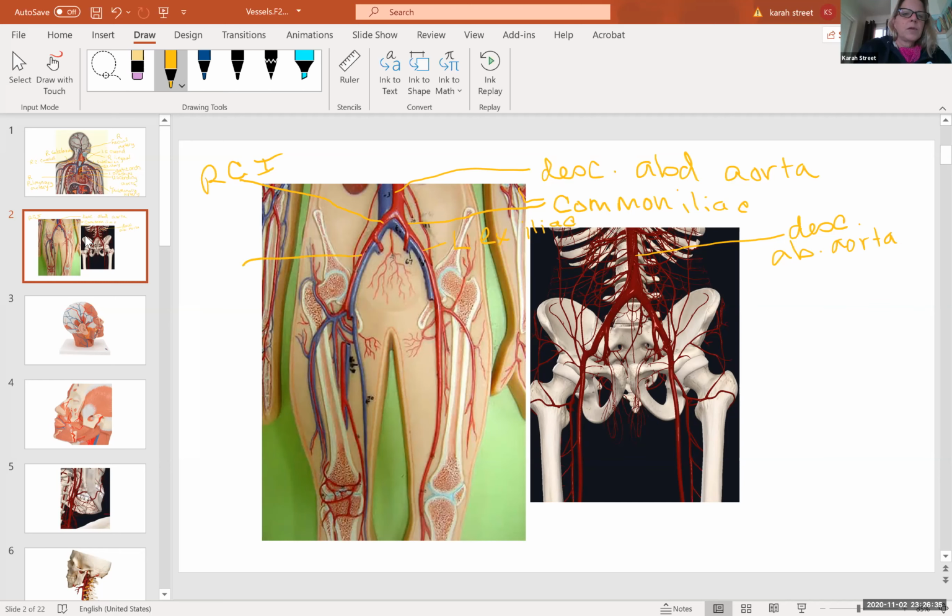And this will be better over here, right external iliac. And then the two that are going inside here would be the right and left internal iliac.